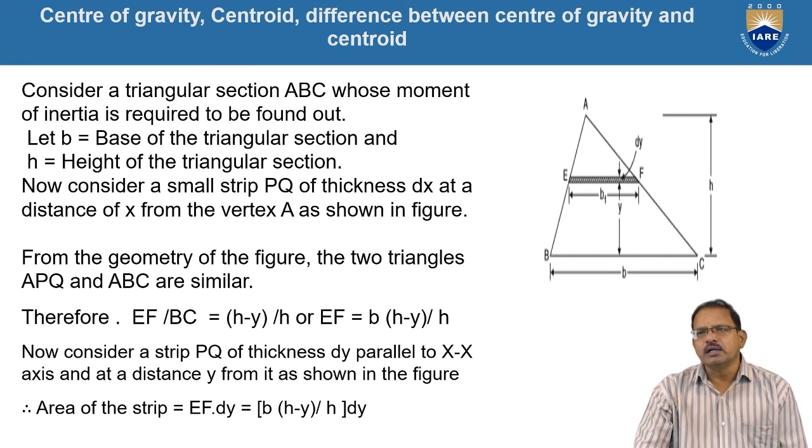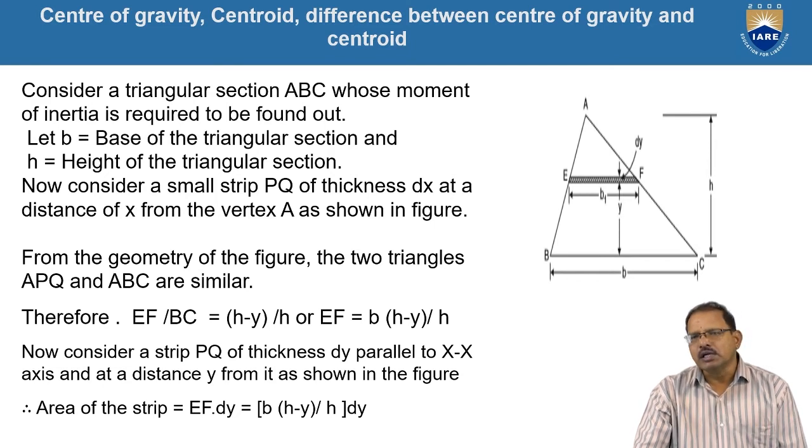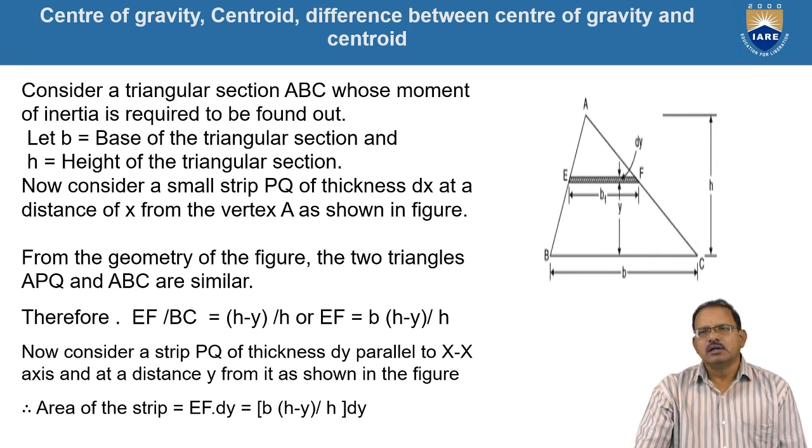Let B represent the base of the triangle, and height is represented as H. In order to determine the position of the centroid by using the integration method, let us consider a small strip EF parallel to the base BC at a distance of y as shown in the figure.